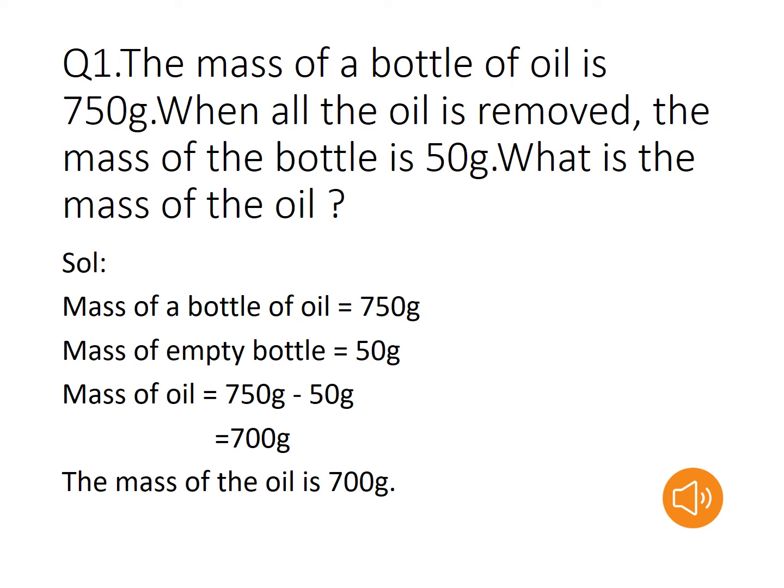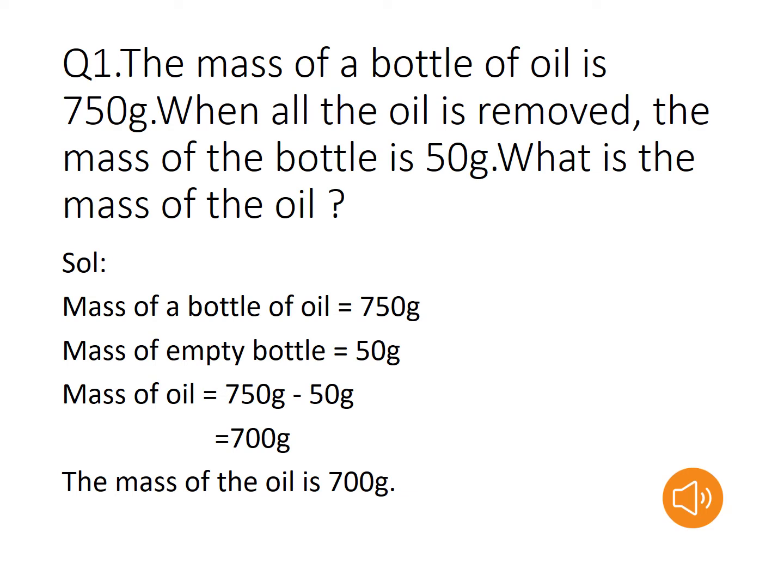Now we need to find out, this is our third statement. What is the mass of the oil? So our third statement will be mass of the oil, 750 gram minus 50 gram. When we subtract it, 750 gram minus 50 gram, the answer comes to 700 gram.